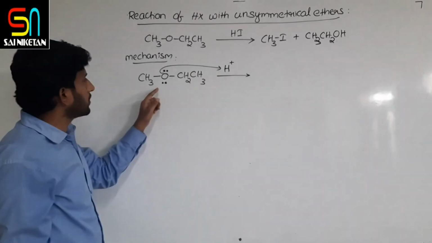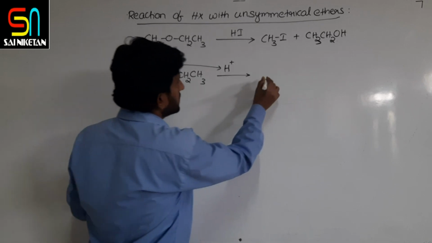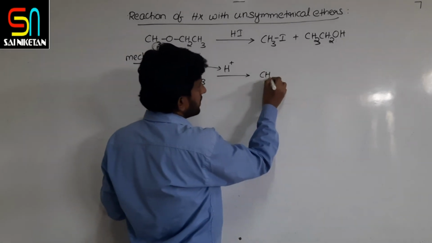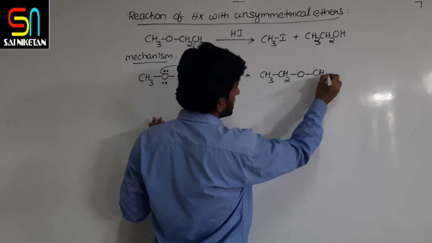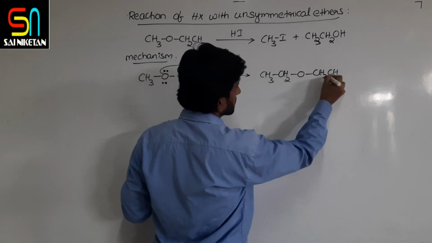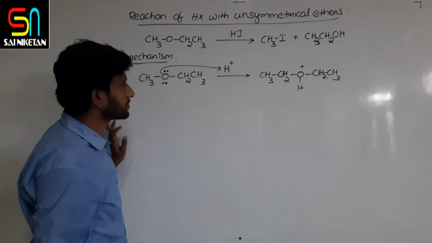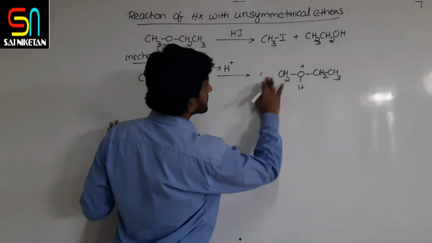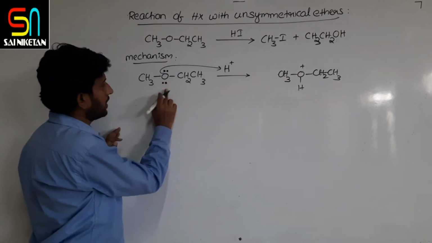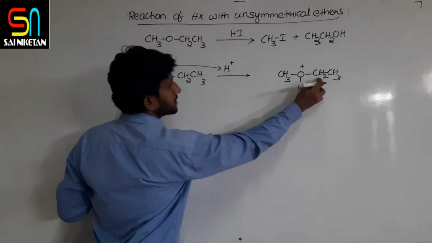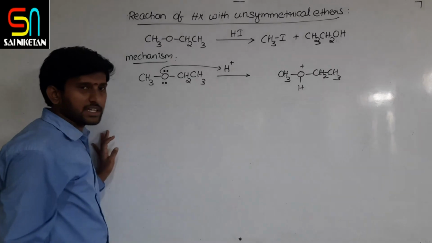H plus is liberated, and the lone pair is given to H plus. So what will I get here? An oxonium ion is obtained, right? You will get this type of molecule, CH3, O, H, CH2, CH3.